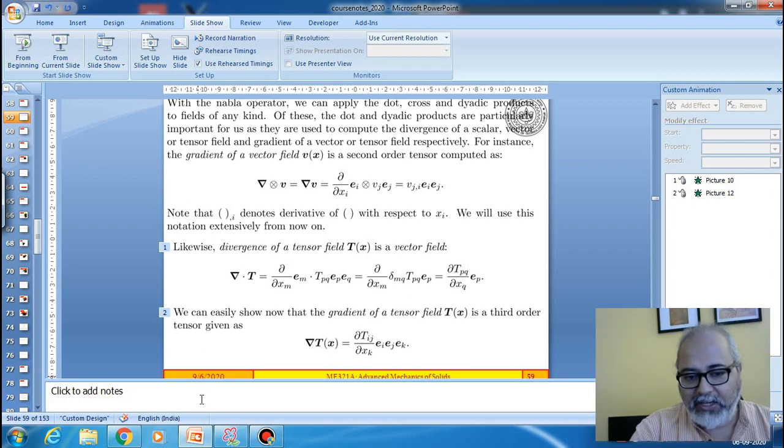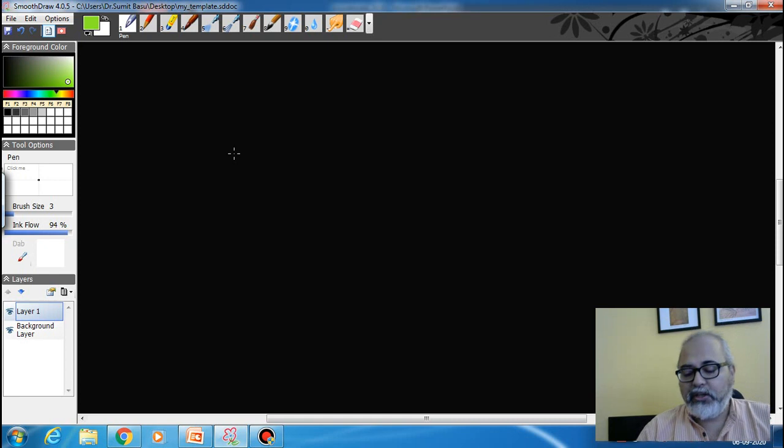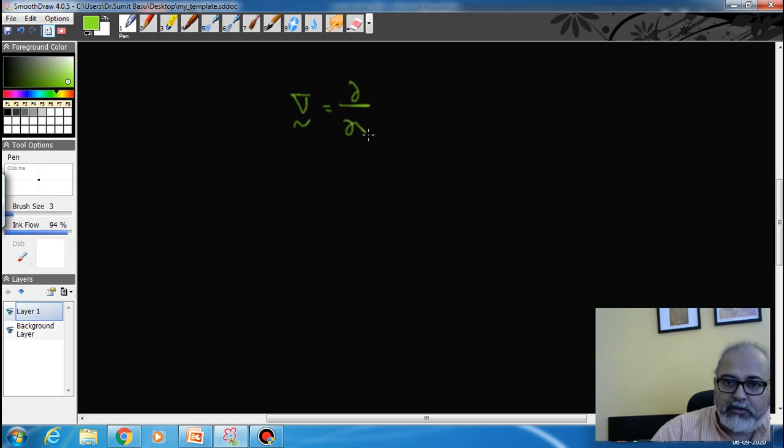You would have done the divergence of a vector field and the gradient of a scalar field, but you have not done the gradient of a vector field. But that's not unthinkable, because now we have this nabla operator, and we want to take the gradient of a vector field. The gradient of a scalar is a vector, so the gradient of a vector would be a second order tensor. So what we will do is we'll do this.